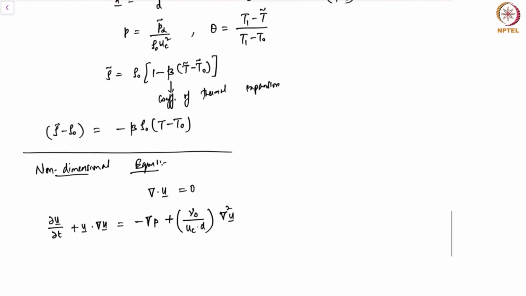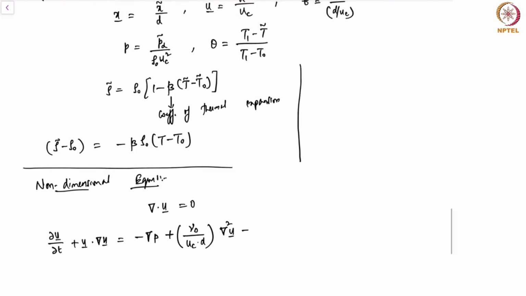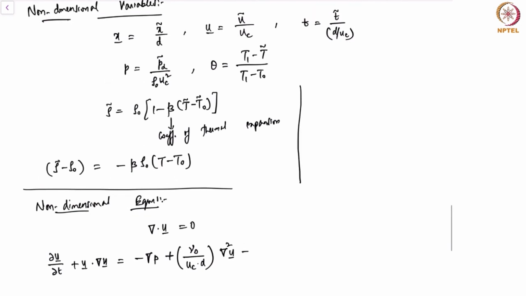Let's look at the gravity term. So what will be the gravity term here? Now what we have in the equations is minus beta rho naught T minus T naught times G.